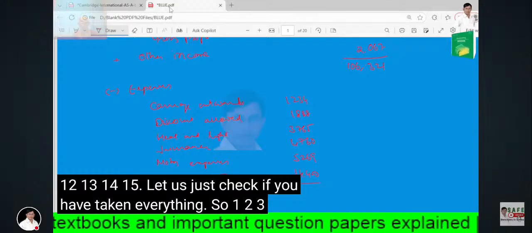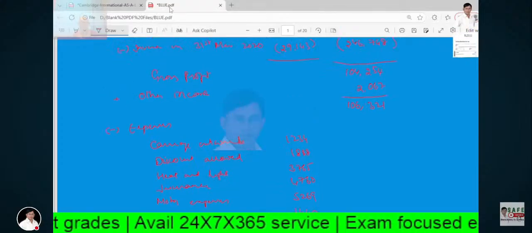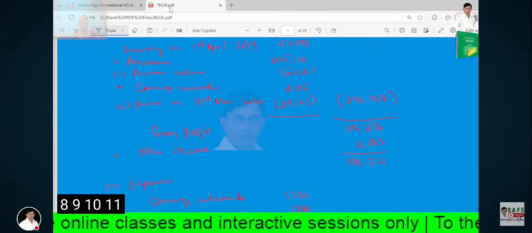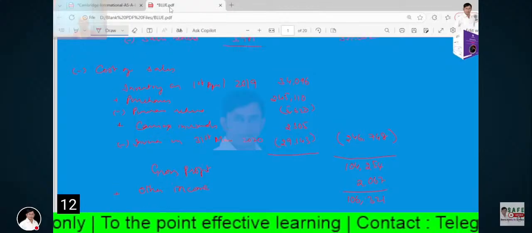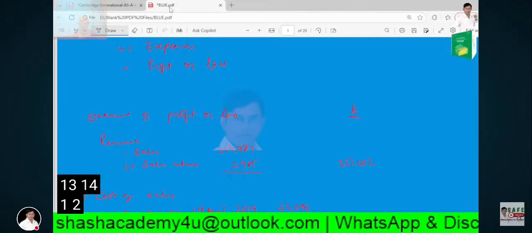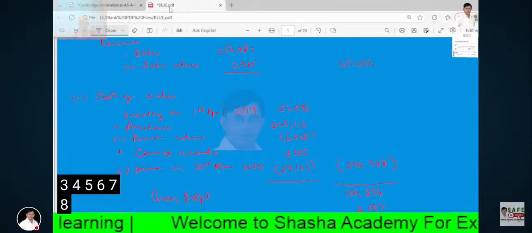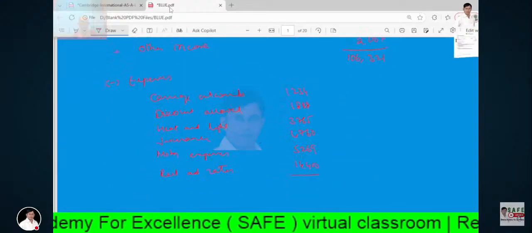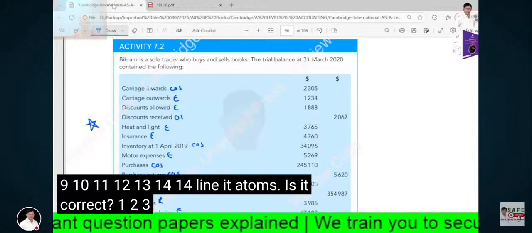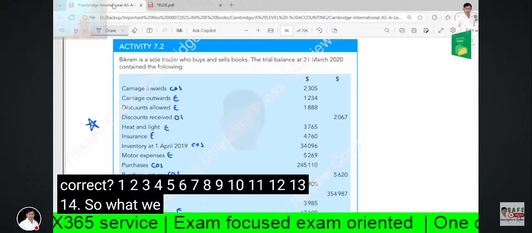Counting through again, 14 line items. Is it correct? So what do we have left?